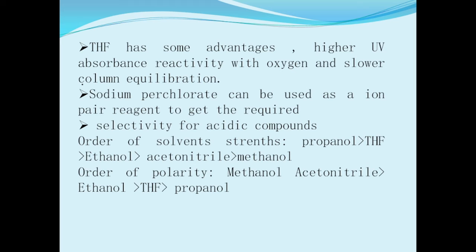Tetrahydrofuran has some disadvantages: higher UV absorbance, reactivity with oxygen, and slower column equilibration. Sodium perchlorate can be used as an ion pair reagent to get the required selectivity for acidic compounds.